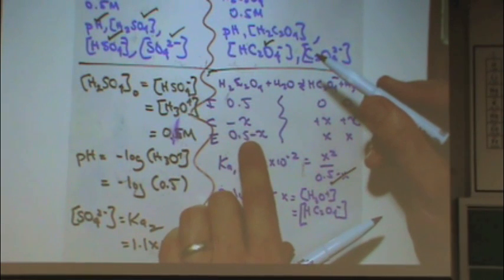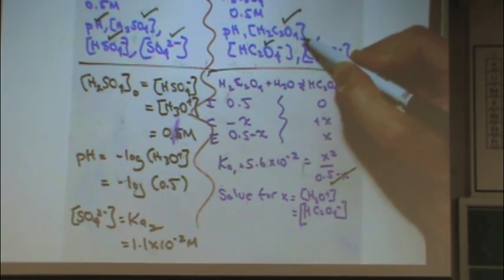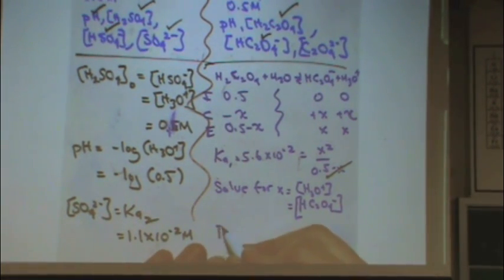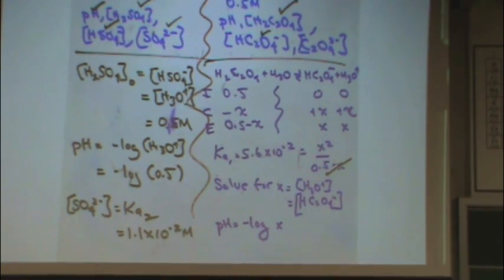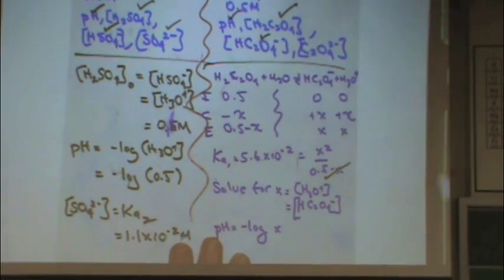I also will know what 0.5 minus x is, so I'll have this number up here, once I know x. And then pH is easy to find. I'll say pH will be the negative log of the H3O plus, which is just x.